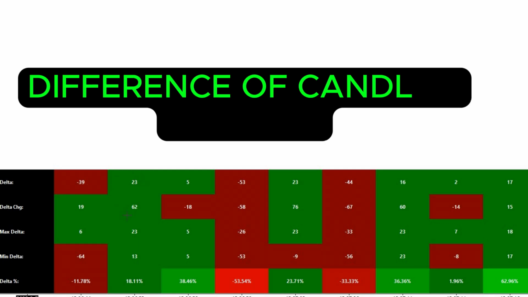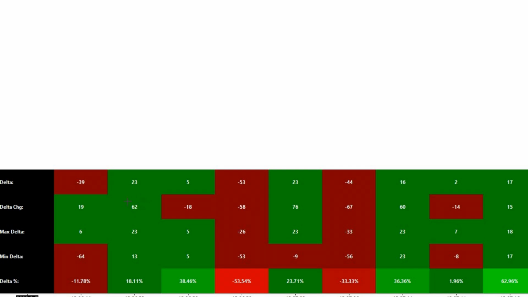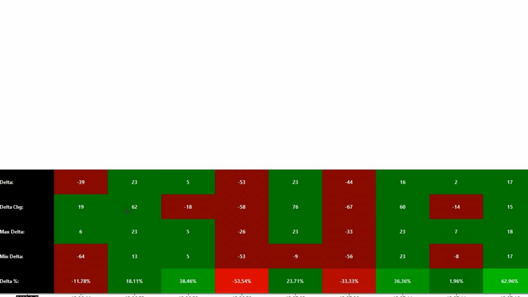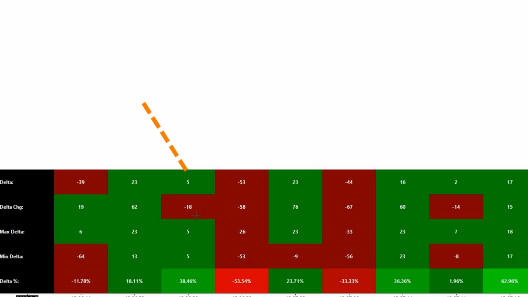You can see that the total is 62. Buyers were stronger by far in the next candle here in comparison with the sellers. You can do it by yourself and cross-check all the following numbers over here, but that's essentially the conclusion. You can do the math on your own time or pause this video to cross-check everything.